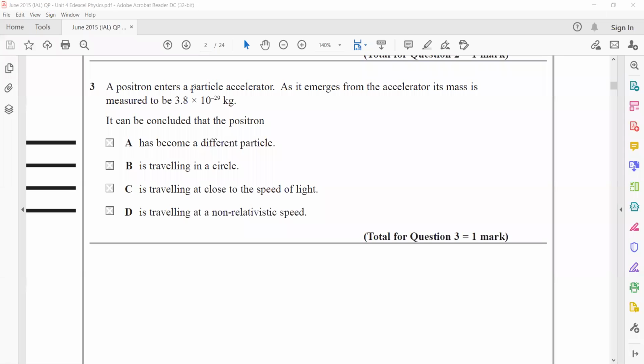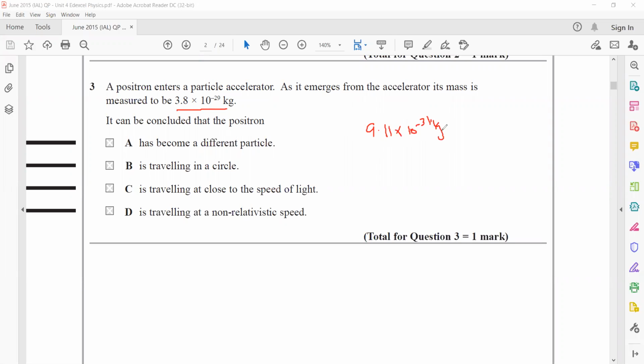A positron enters a particle accelerator. As it emerges from the accelerator, its mass is measured to be 3.8 times 10 to the power minus 29 kilogram. What can we conclude? The mass of an electron as well as a positron is 9.11 times 10 to the power minus 31 kilogram.